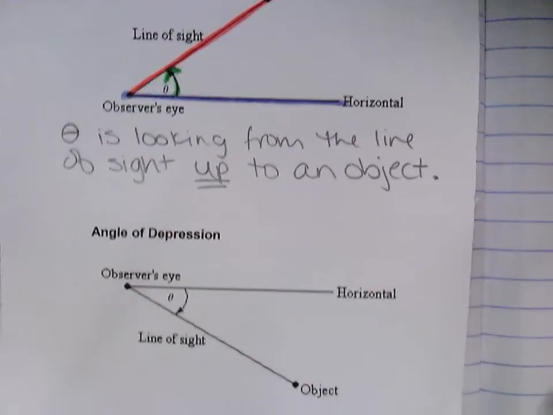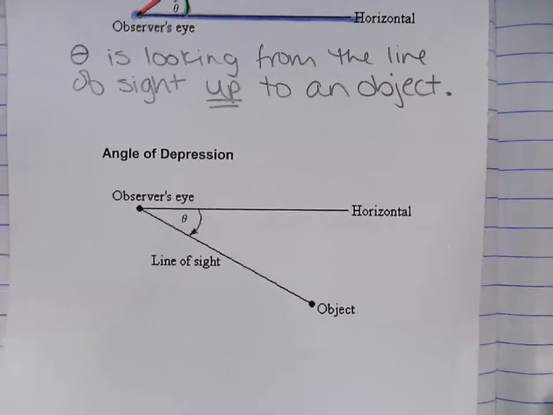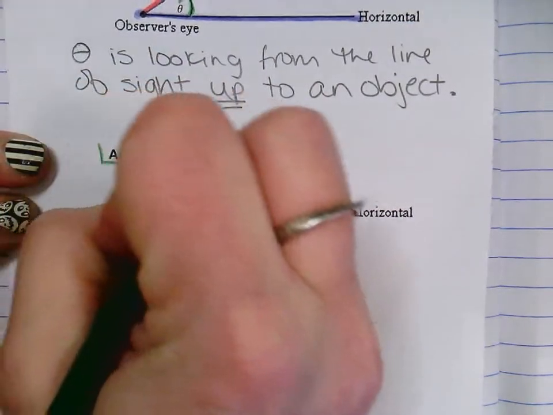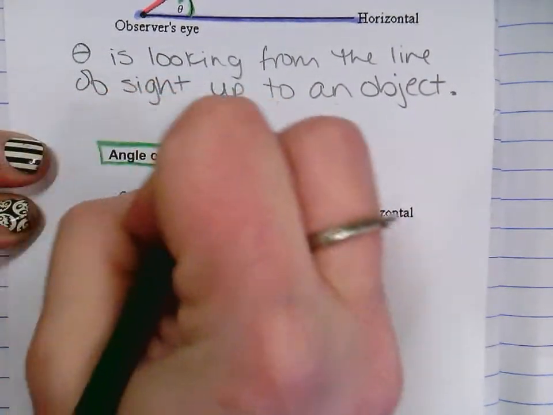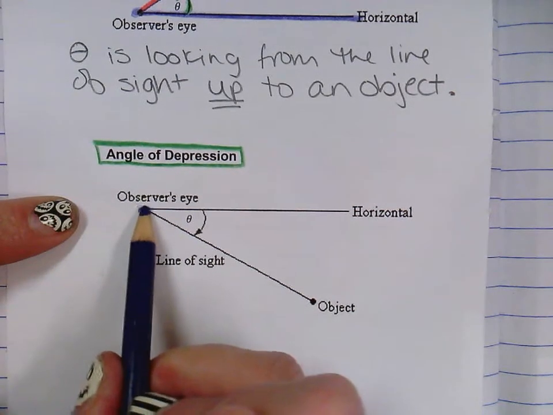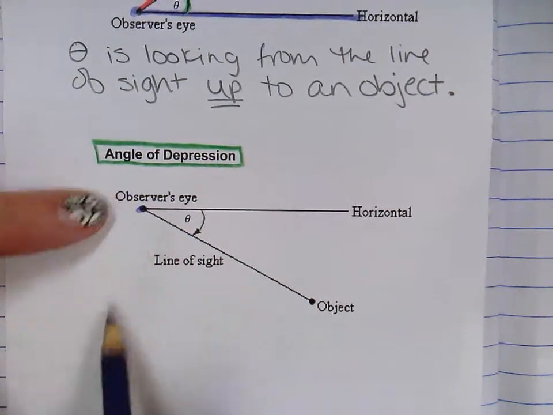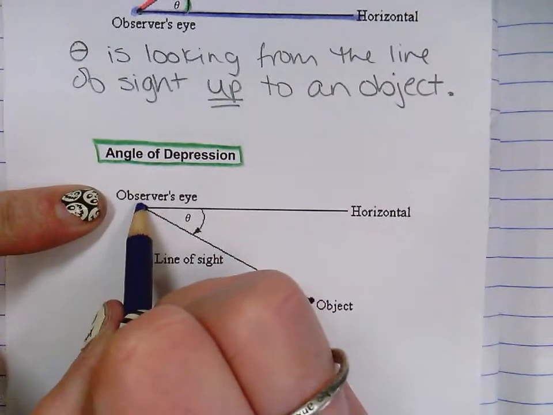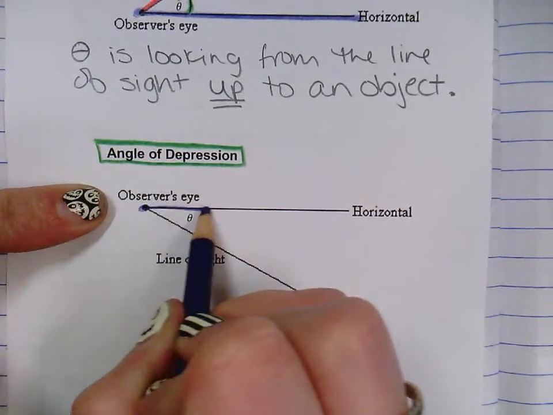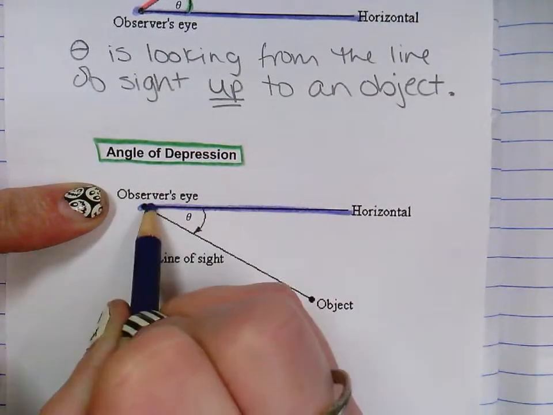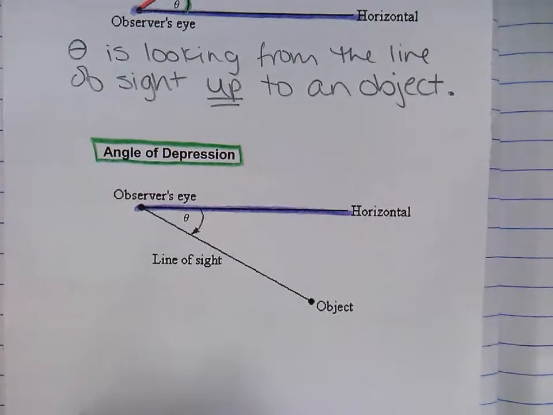Now, very similar to that, we have angle of depression. And it doesn't mean it's sad. So again, here's the observer's eyeball. Here's their head, their feet are down here somewhere on the ground. If the person were to just stand straight and look straight across, this would be their line of sight here, which again would be parallel to the ground.